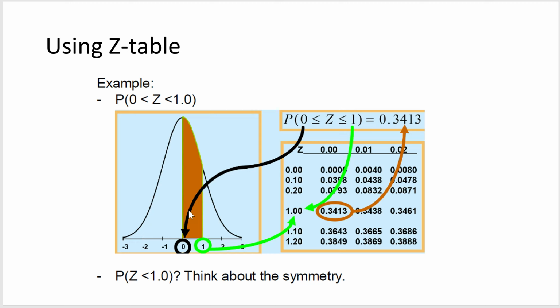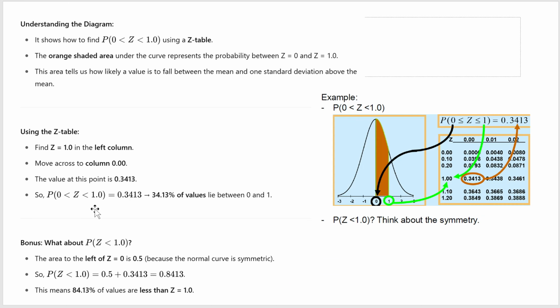So 0.5 plus this area becomes 0.8413. If you scored 1, how many people scored less than you? All this area, 0.8413, or 84.13% of people scored less than you. So that's how we read this diagram.